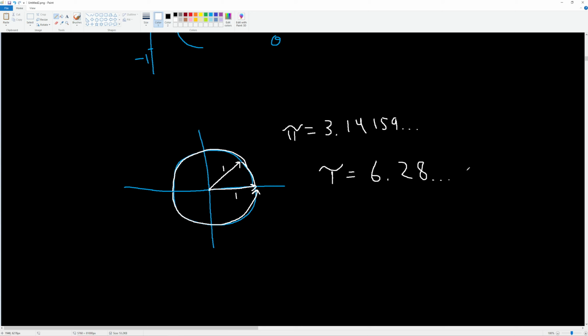And there's actually a movement to use tau instead of pi. Okay, but if we're using pi, then this full length around the circle is 2 pi. It's twice what we were talking about before with half the circle, right?